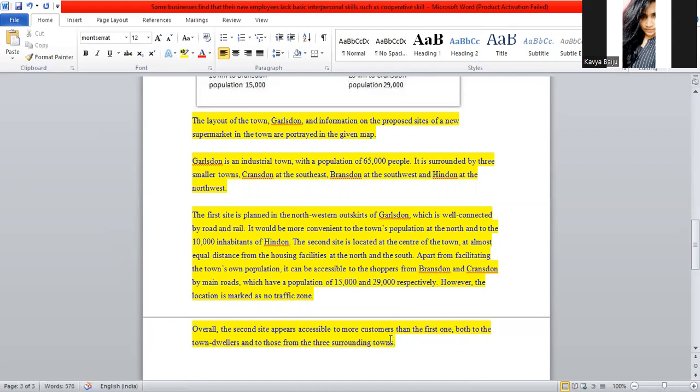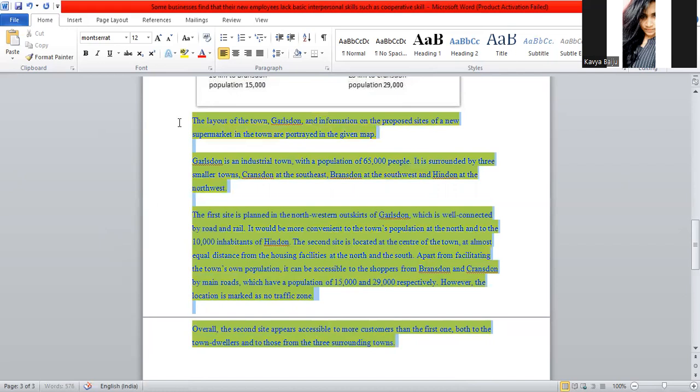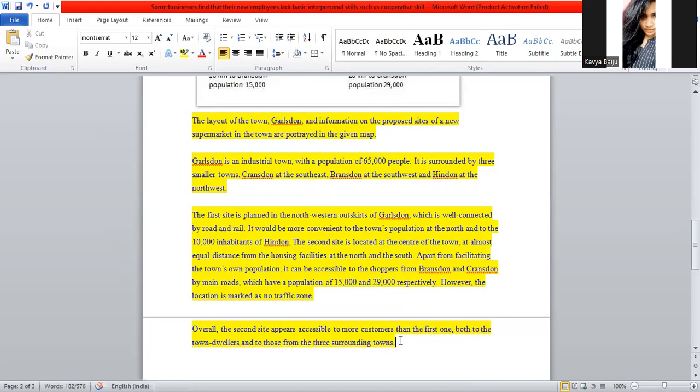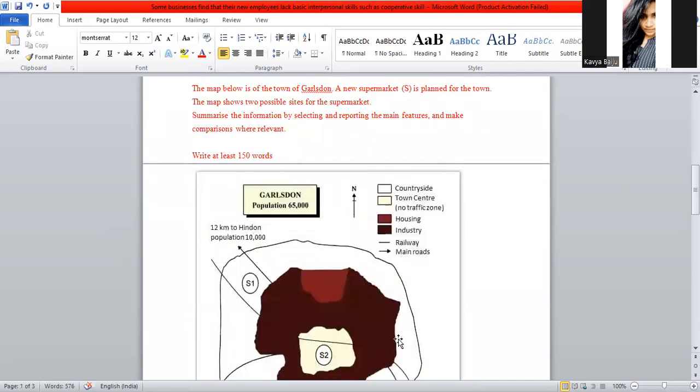Okay, so I have added: the second site appears accessible to more customers than the first one, both to the town dwellers and to those from the three surrounding towns. So we have completed the task. Okay, so that's the end of the explanation. Thank you.